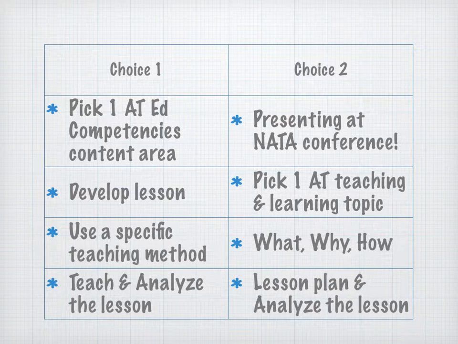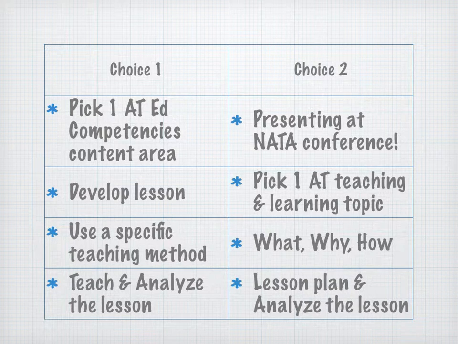There are all sorts of teaching methods out there. Then you'll develop a lesson plan and analyze the effectiveness of using that methodology to teach that lesson, using one of the athletic training educational competencies content areas. So that's the big idea of choice 1.